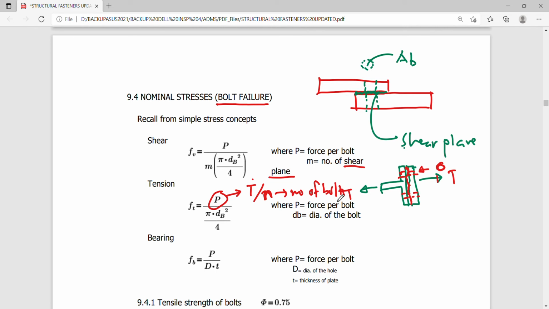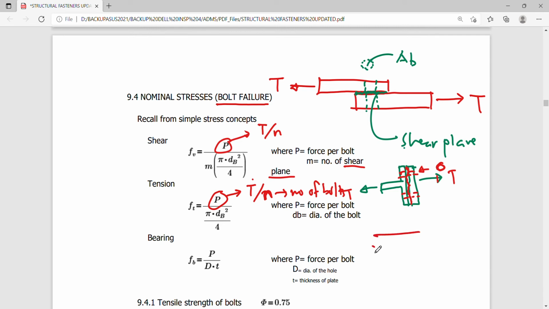So we are now considering a per bolt pattern here, considering also here, of course, your T. If this is a concentric connection, your P here will simply equal T divided by the number of bolts. So for bearing, same case, but this time your bolt failure will be the size.